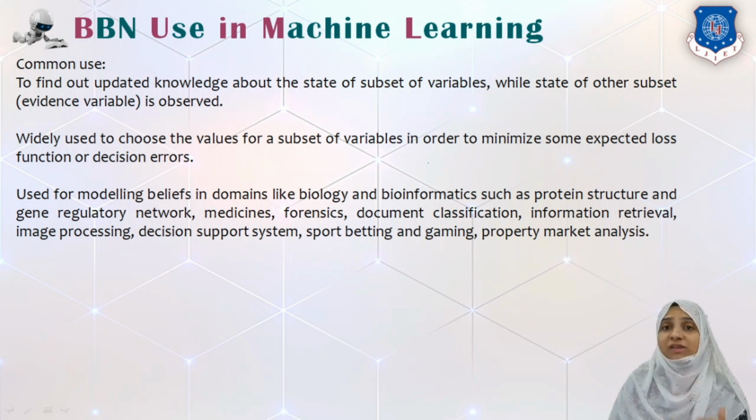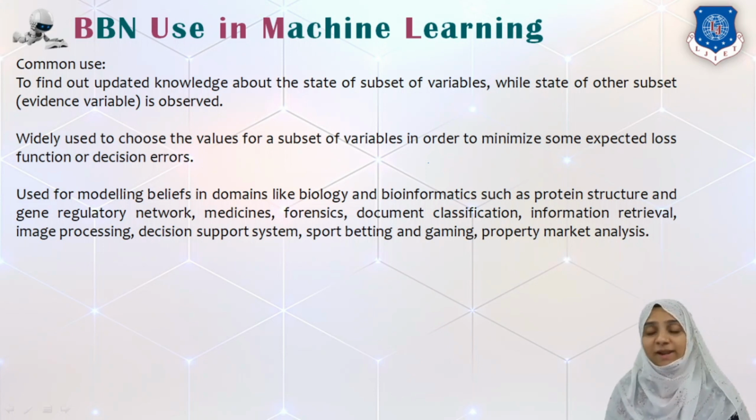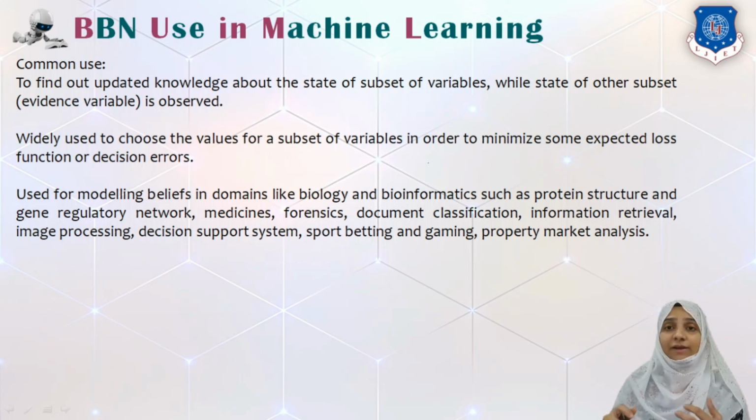All these things can be regulated and monitored with the help of Bayesian belief network in ML. Apart from bioinformatics, we can use this in medicine, forensics, document classification, information retrieval, image processing, decision support systems, sports betting, gaming applications, and the list continues.